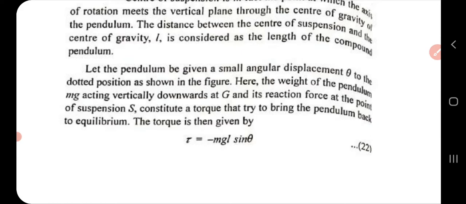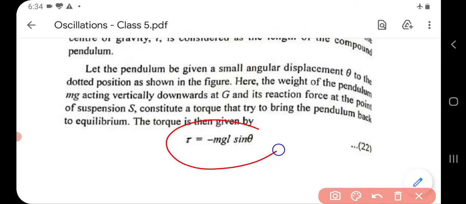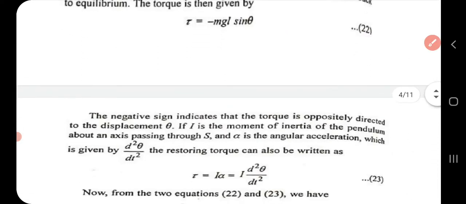The same paragraph we have written for the simple pendulum also, and the expression for torque is given by minus mgl sine theta. The negative sign indicates that the torque is opposite to the direction of displacement.